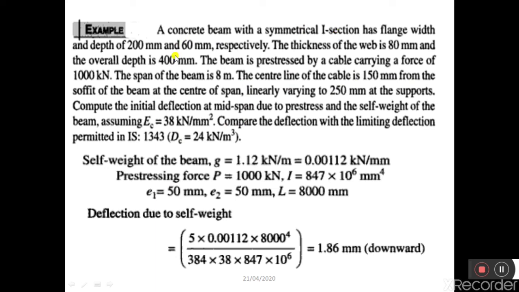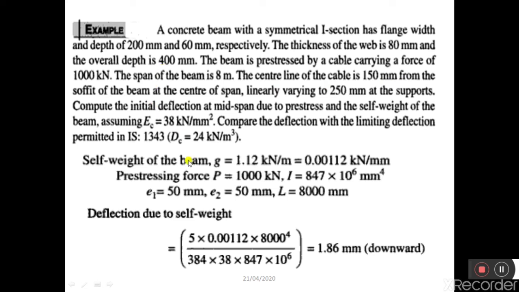That is, the centroidal axis lies at a distance of 200 mm from the top flange as well as from the bottom flange. Sorry, the cable is placed at a distance of 150 mm from the soffit.